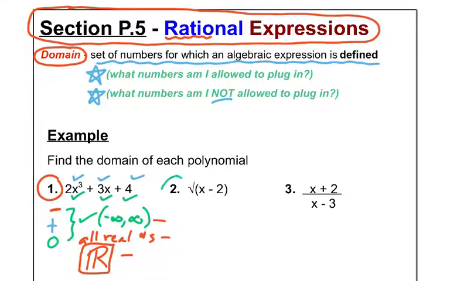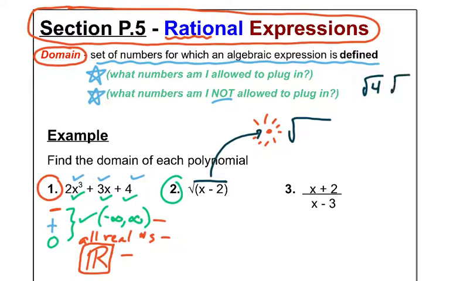Now number 2 is a little bit different because this is a square root. We have something inside of a square root. Ooh, okay. So a little alarm comes off my head. Beep, beep, beep. And I remember, shoot, what can we not take the square root of? Let's see, I can take the square root of like 4 and 9 and 16 and even 0.